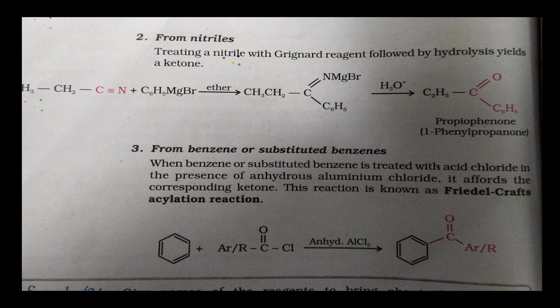Second one, from nitriles. Treating a nitrile with Grignard reagent followed by hydrolysis yields a ketone. CH3CH2-C≡N plus C6H5MgBr, in the presence of ether, gives CH3CH2-C(=NMgBr)-C6H5.